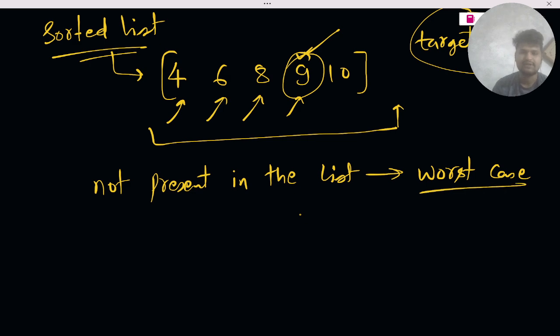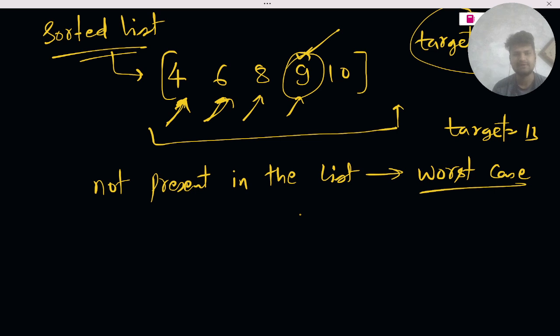Worst case means, let's say the target is 13, and as you can see, 13 is not present in the list, so you will start from the very starting point of the list and compare each and every element till the end.